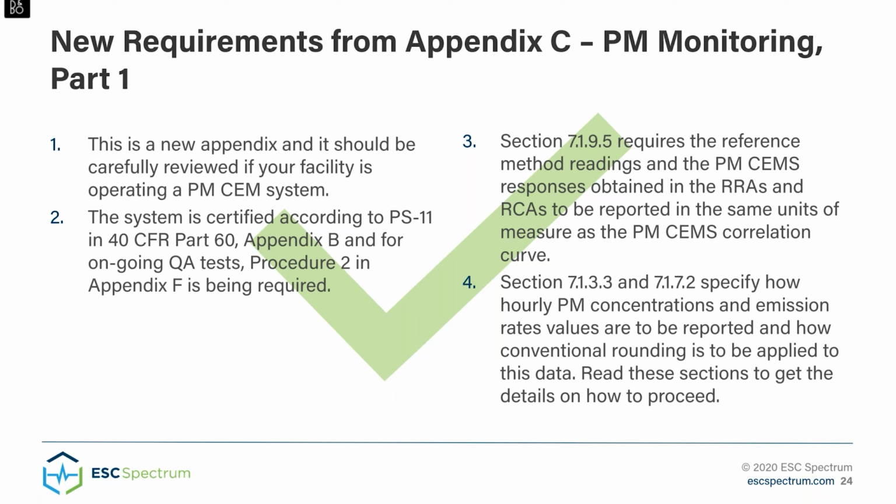The changes do specify how data is to be rounded and reported and other ways of handling the data, and it relates to the quality assurance checks required by the PM systems. I'm just trying to bring this to your attention to make sure that your system is configured to meet these reporting requirements. You should probably review all of this now that this information has become available.